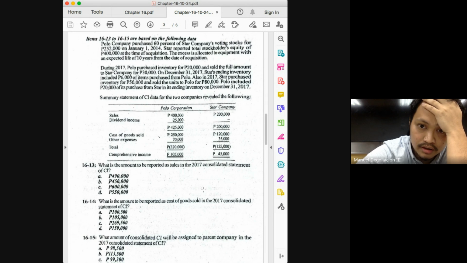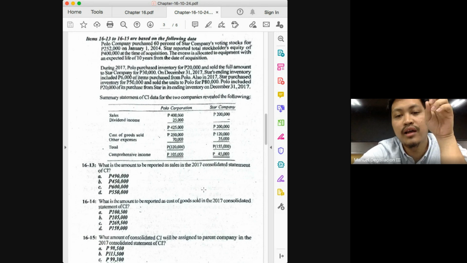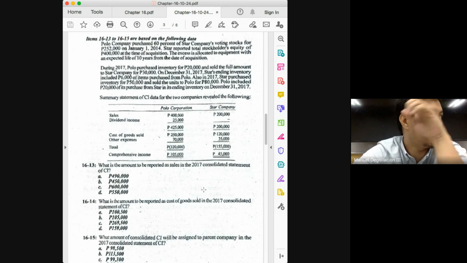Sorry, we missed one thing. We will also adjust the other expenses, class. As we explained earlier, the expenses reported by the subsidiary are understated in the eyes of the consolidated entity. Remember the amortization of the excess? That would be an adjustment to the other expenses of the subsidiary. So the other expenses of the subsidiary will be 37,000. Please take note, class. If this would be asked, how much is the consolidated other expenses?